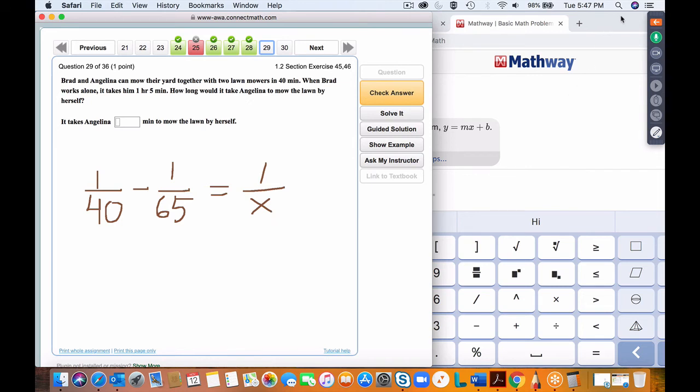And for that one, I can use the calculator. Let's use the calculator.